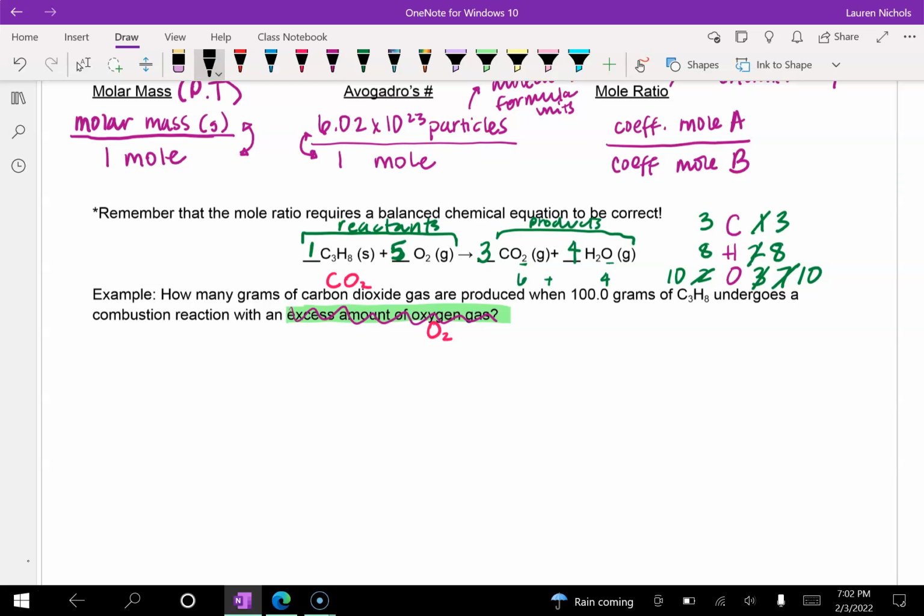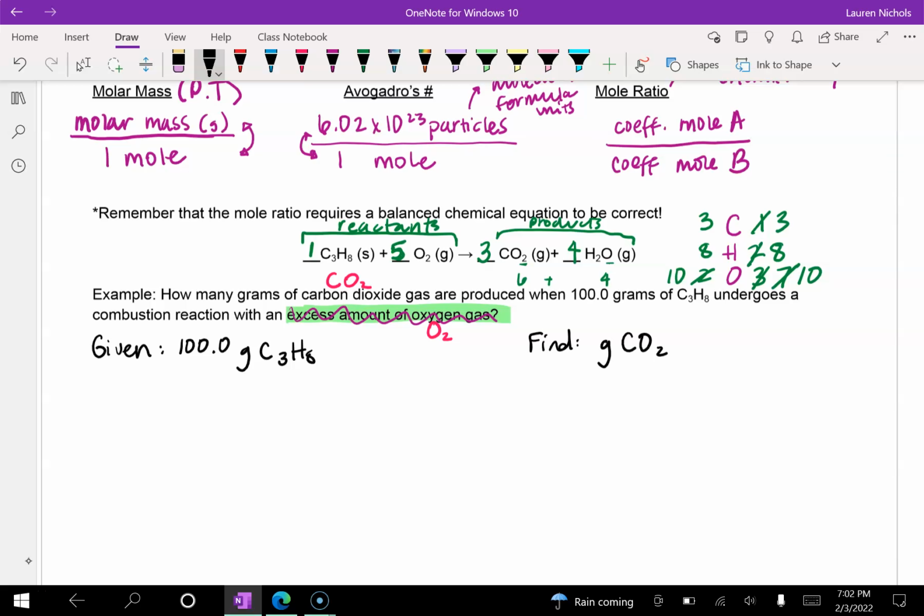So what we want to do is first follow the same steps we've always done. Label what you're given and what you're trying to find. So we are given 100.0 grams of C3H8, and we are trying to find how many grams of carbon dioxide, so grams carbon dioxide.